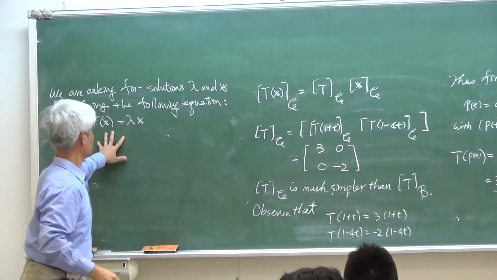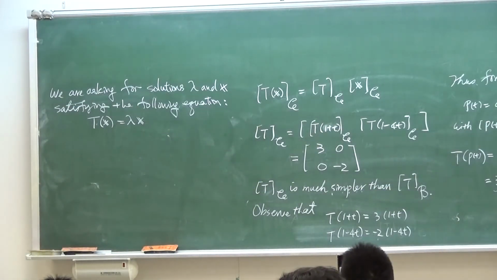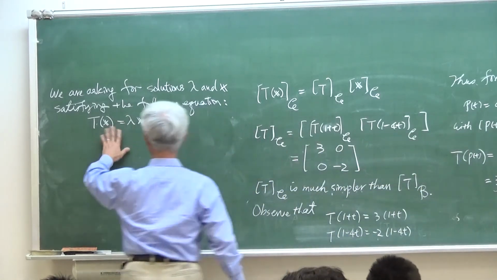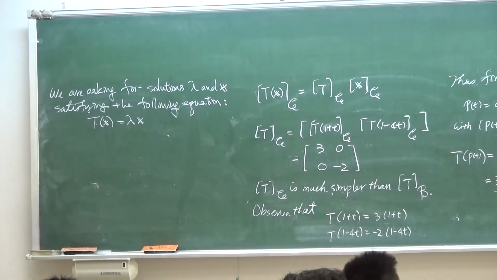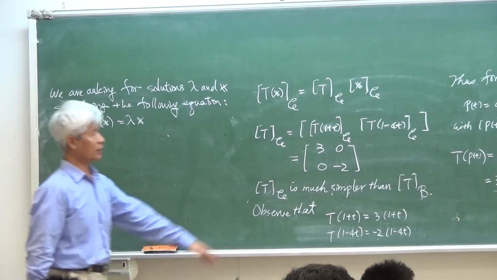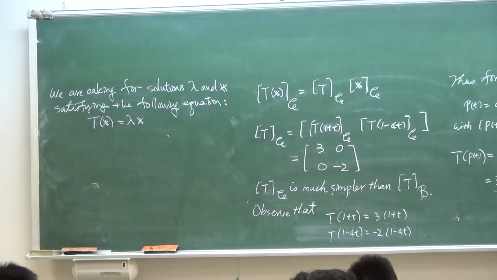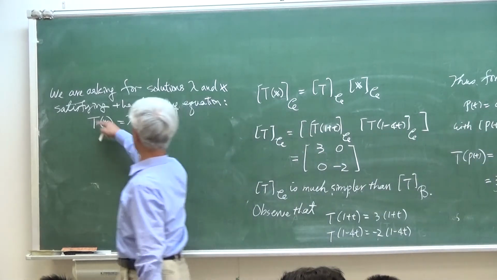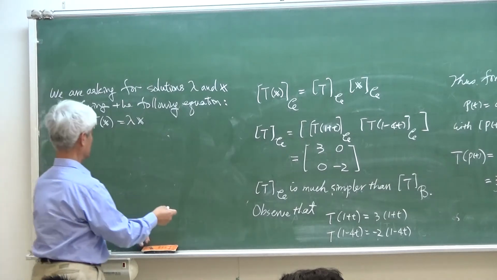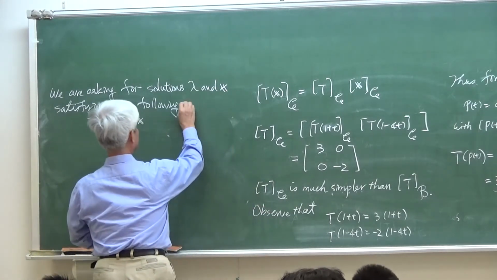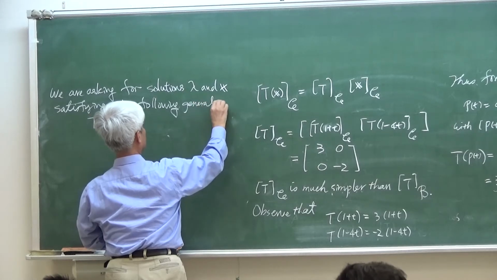Because we should find a vector and a scalar such that T operating on the vector is equal to lambda times the vector. They are all the same equation, but we have to find n of the solutions. So we are asking for the following general equation.